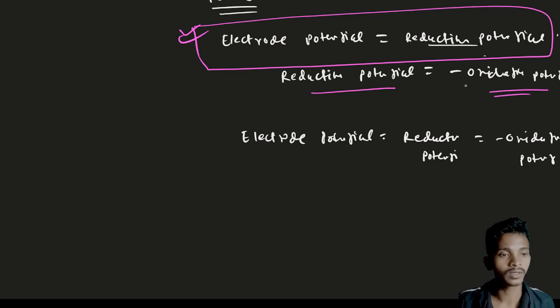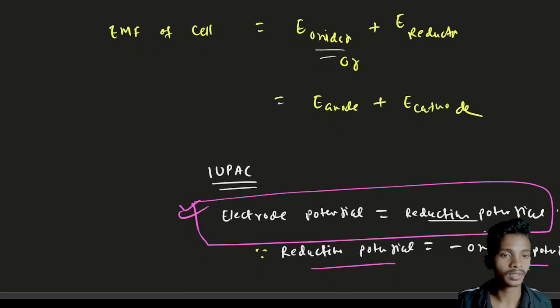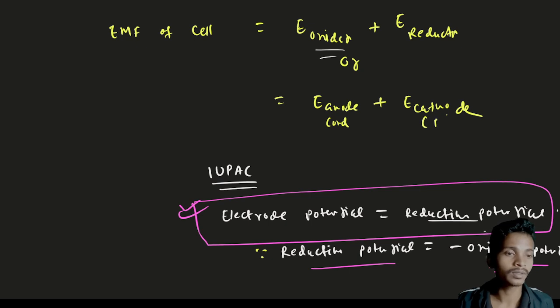Here we have E anode and E cathode, the first being oxidation potential and the second reduction potential, but we will not take oxidation potential in IUPAC.